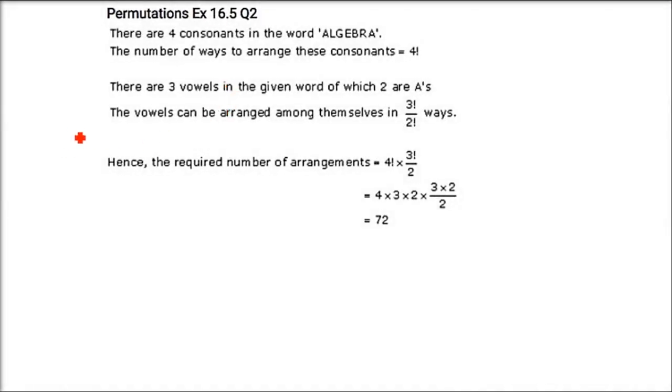In how many ways can the letters of the word algebra be arranged without changing the relative order of the vowels and consonants? So in algebra, A-L-G-E-B-R-A, first, how many vowels are there? 1, 2, 3. 3 vowels are there.